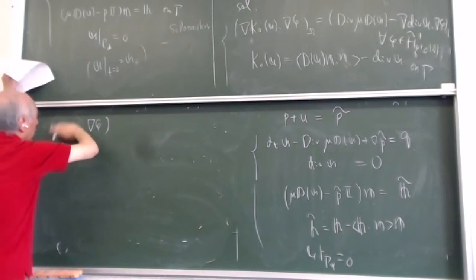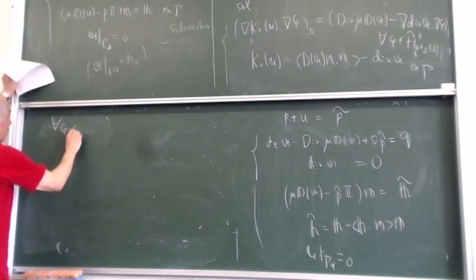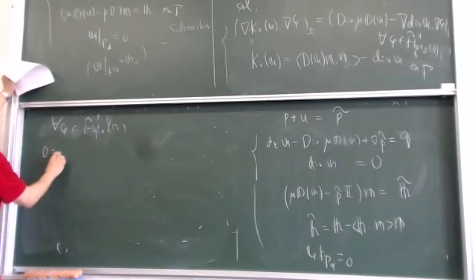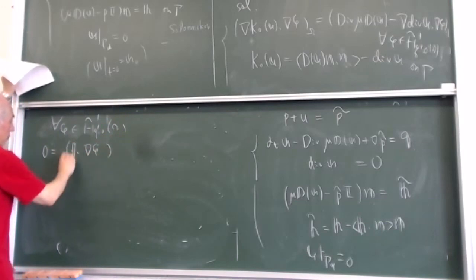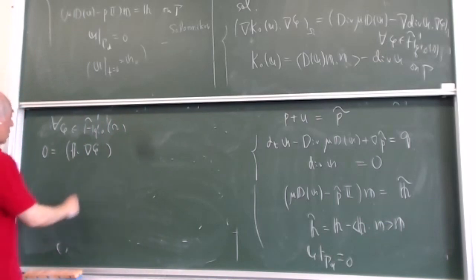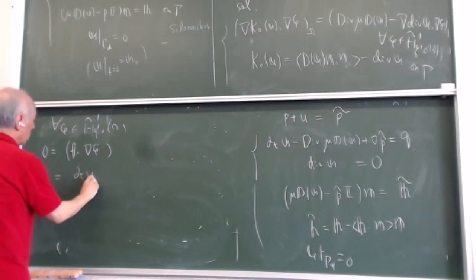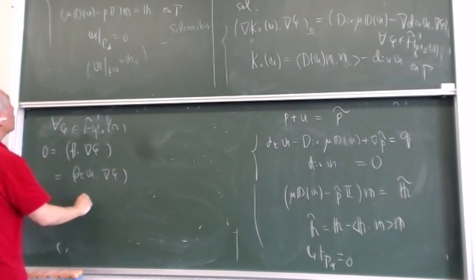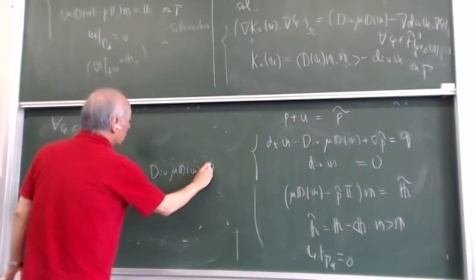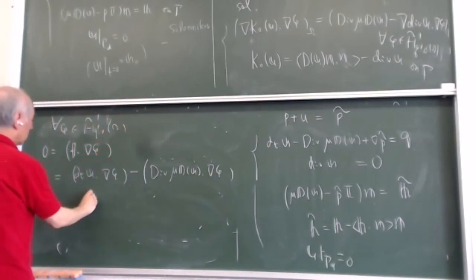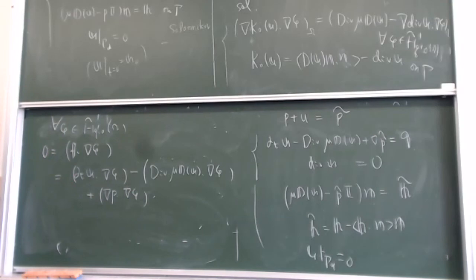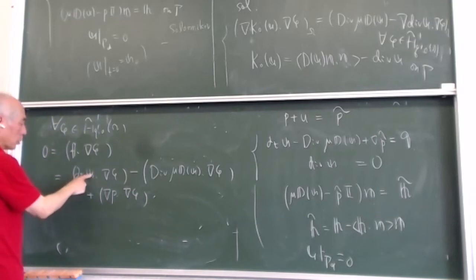Therefore, for any phi, this is equal to dtu nabla phi minus du phi plus, now u is solenoidal also.